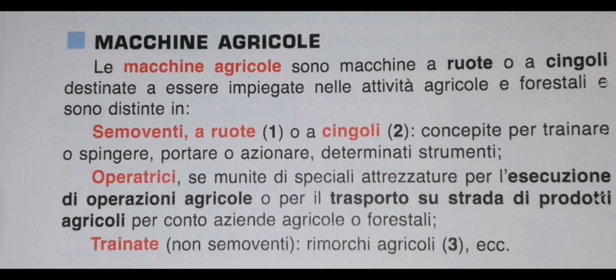He said that it is destined for the use of agriculture and forestry. He says semoventi a ruote o a cingoli. What they are saying here is that some have tires, as I said before, and some have chains.